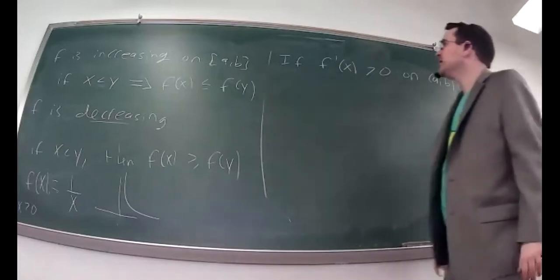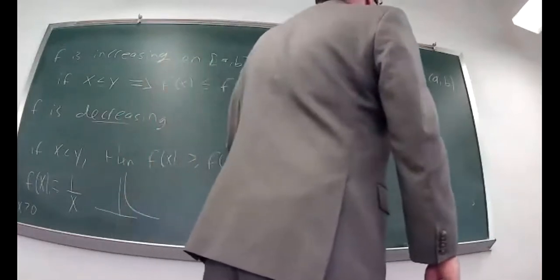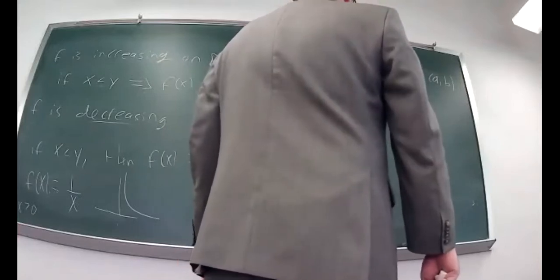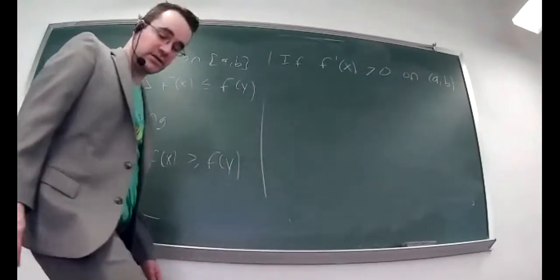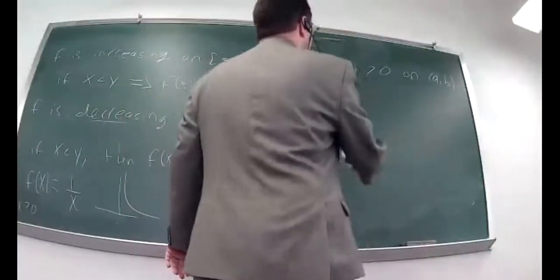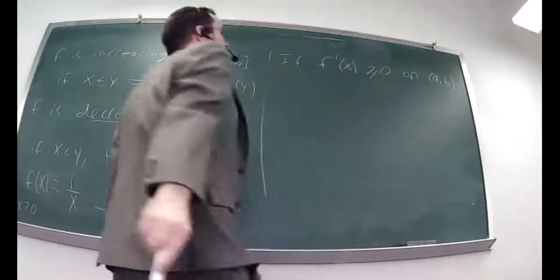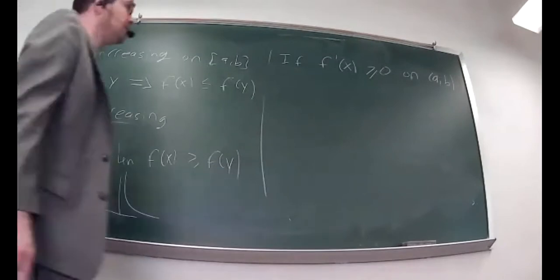So if the derivative of f is positive on an interval, what you can conclude is that f of x is strictly increasing. And I'll phrase it so I can use the language I wrote. If the derivative is bigger than or equal to 0 on that interval, then f will be increasing on that interval.